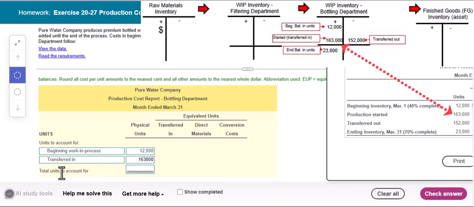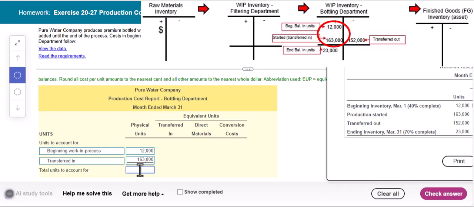Then our total units to account for are the beginning work in process of 12,000 and this transferred in of 163,000. We can add those together, and that gives us a total units to account for of 175,000. Then we transferred out 152,000.